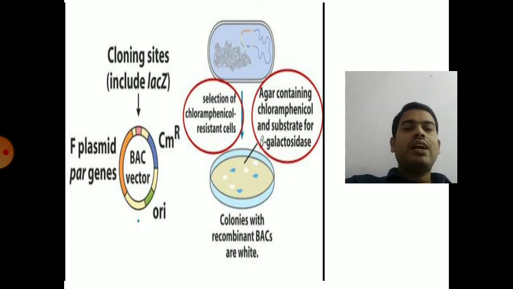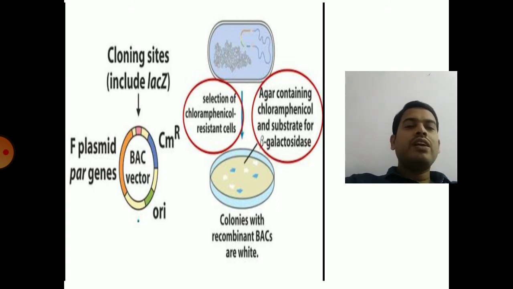First you will isolate the bacterial cells which contain the BAC plasmid and non-BAC plasmid cells based on chloramphenicol resistance. After selection on chloramphenicol, you will transfer those colonies onto an agar containing the substrate X-gal.